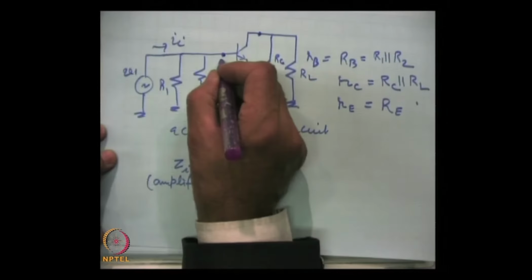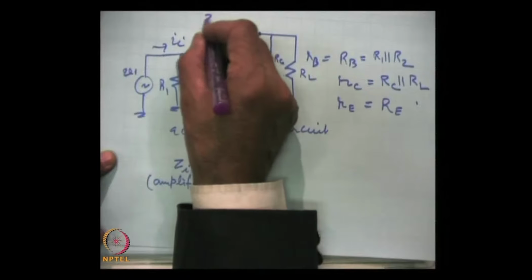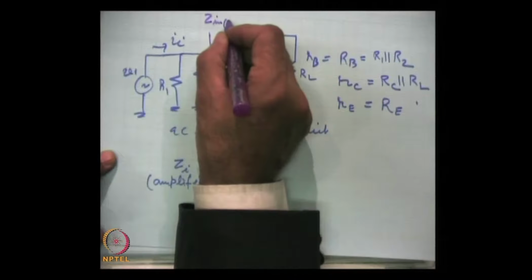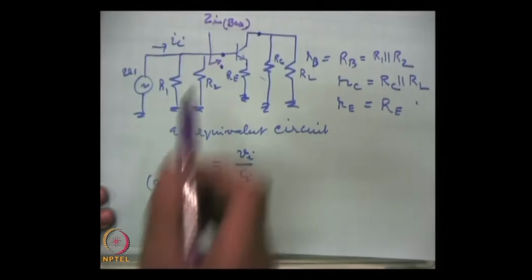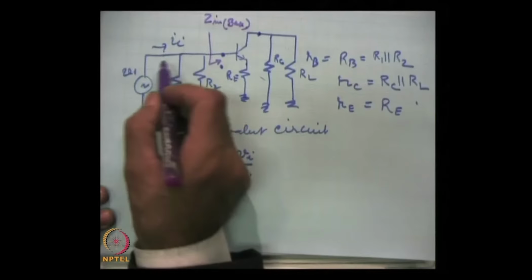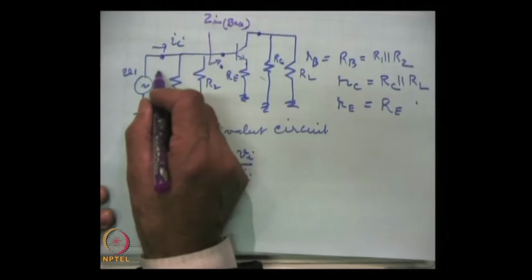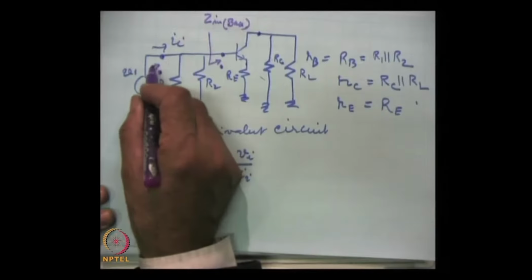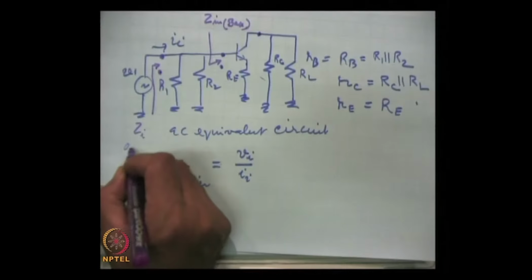This impedance seen here, this we call Zin base, and the impedance as seen here between this point and ground, this is for example Zi amplifier.